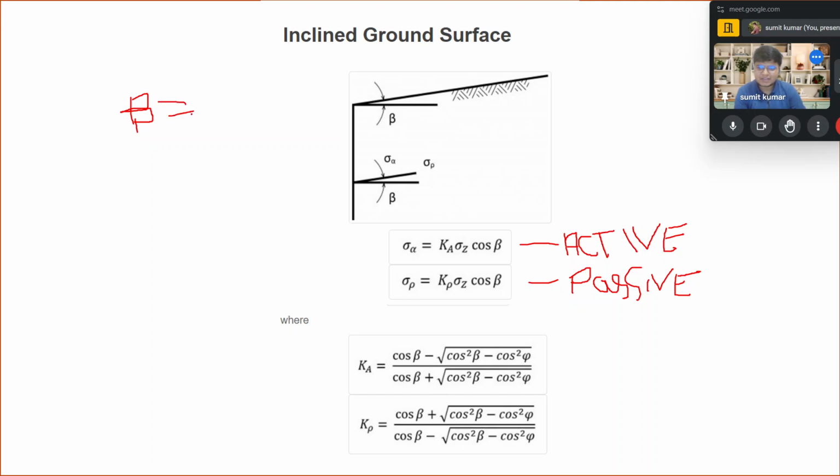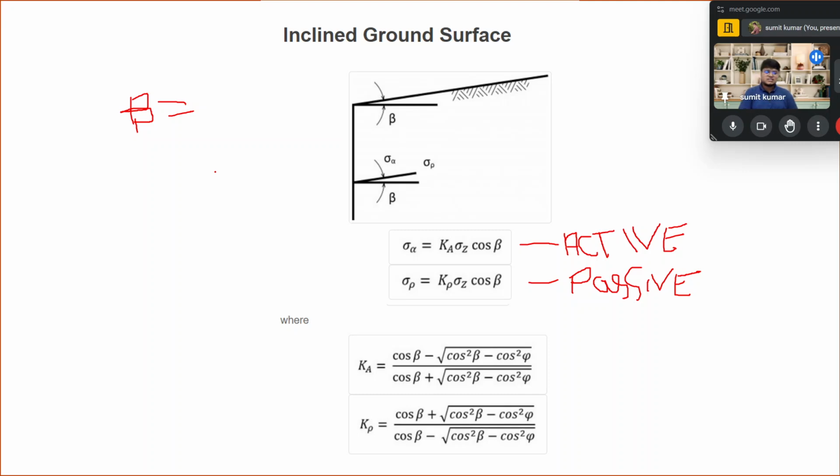Okay, I will not write. I have said it. You could write by yourself, and phi is nothing but the angle of internal friction. So in this manner, you are able to calculate the coefficient of active earth pressure. There are many times these questions are asked to find maybe the total stress acting at the bottom.